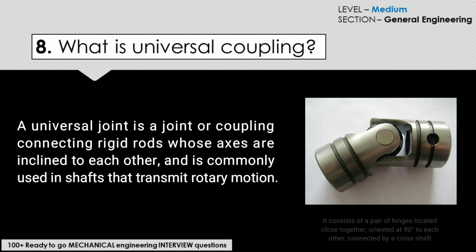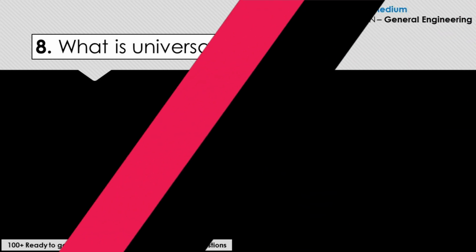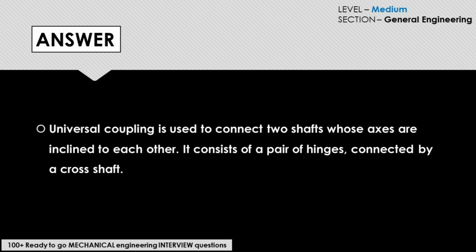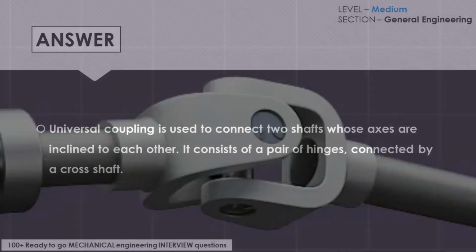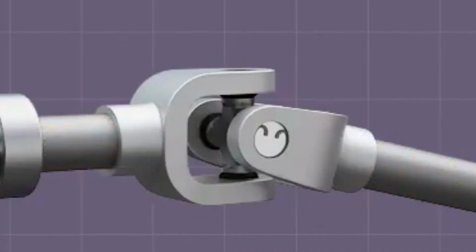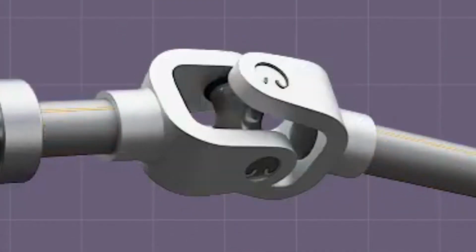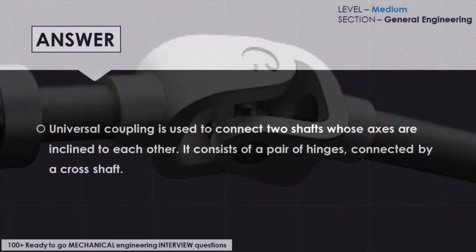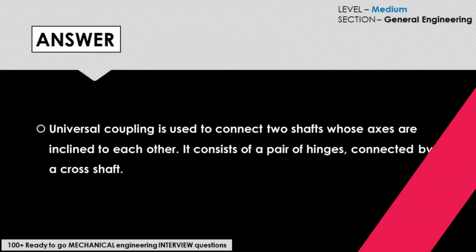It consists of a pair of hinges located close together, oriented at 90 degrees to each other, connected by a cross shaft. So the answer for this particular question would be: universal coupling is used to connect two shafts whose axes are inclined to each other. It consists of a pair of hinges connected by a cross shaft.